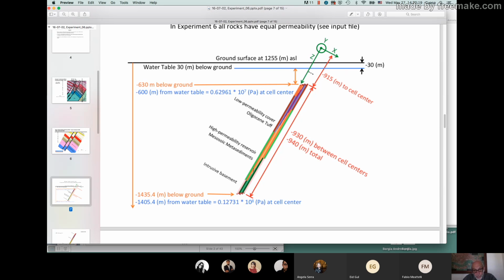I have an inclined fault at about 60 degrees and a set of rocks that are the various rocks that we have seen in the cross section. And as you can see, these rocks are displaced across the fault. But I'm actually modeling also the fault gouge in between the rocks on the side.